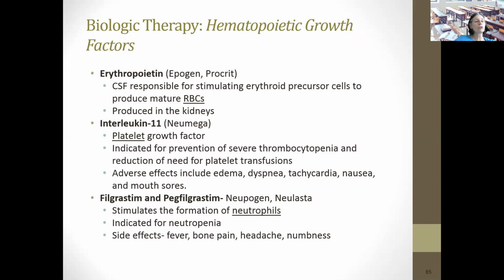So 3 major drugs in this classification: erythropoietin, EPO, Epogen. This drug stimulates erythropoietin, which was made in the kidney, stimulates the bone marrow to make red cells, right?